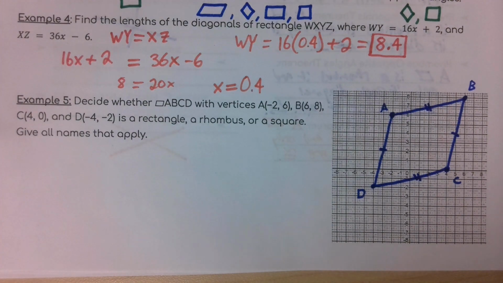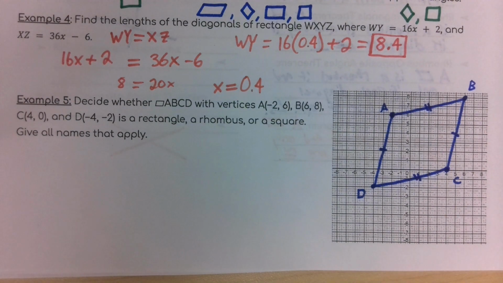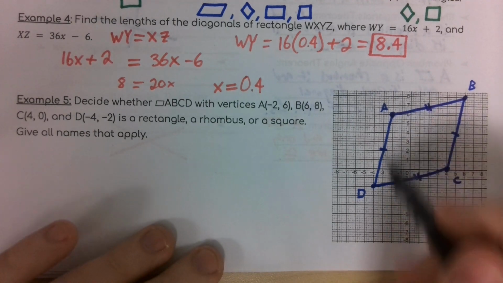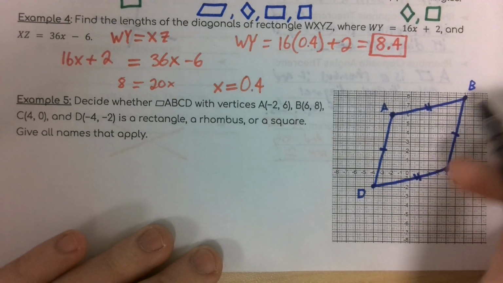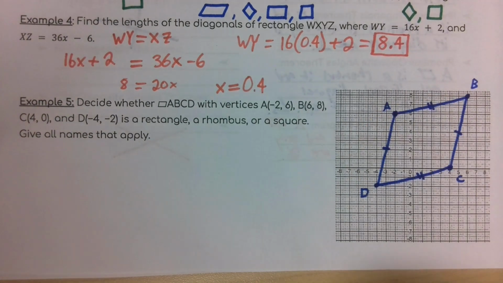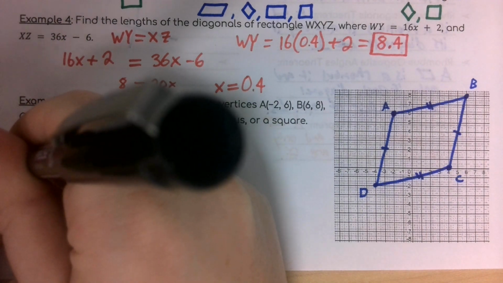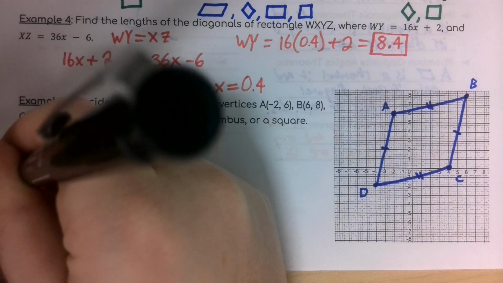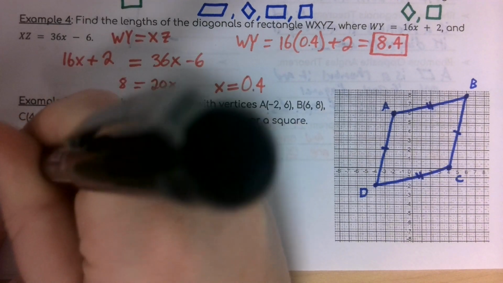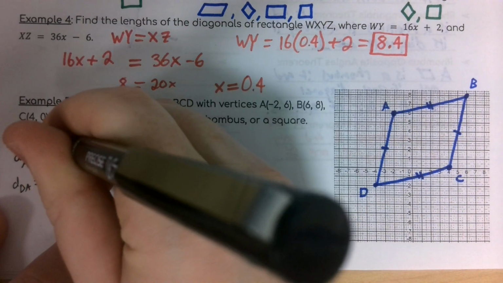We just need to see if these measurements are the same, right? If AD and AB are congruent, that means all 4 sides of this parallelogram are congruent, and it has to be a rhombus. So let's find the distance between AB and DA using our distance formula.